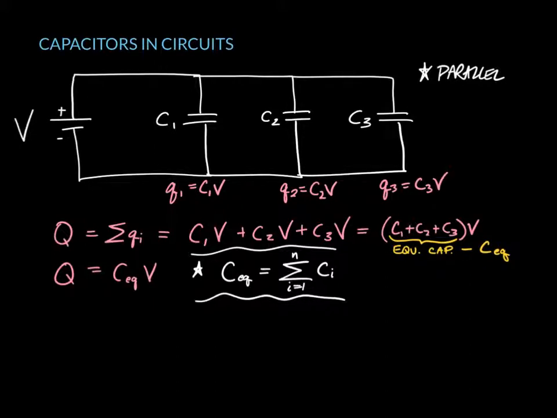All right. So there we have our parallel capacitance function. And what's interesting, capacitors add arithmetically in parallel, but resistors add arithmetically in series. And they have identical mathematical structures, but swapped.